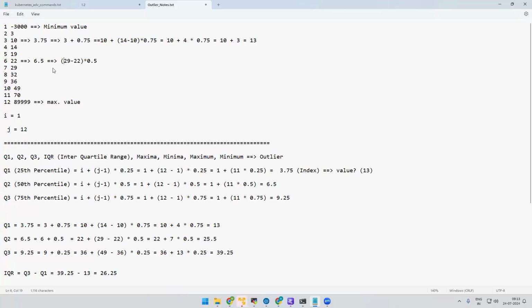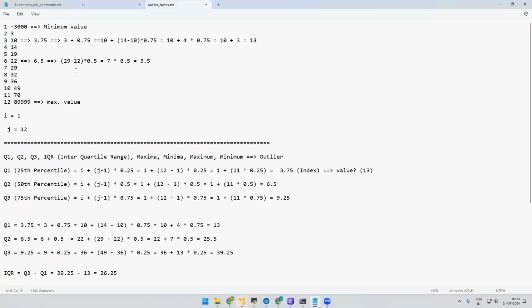Do we get 6.5 by doing this? 7 multiplied by 0.5 is actually 3.5. So how do we calculate here? Now again we have to add that value to 22.